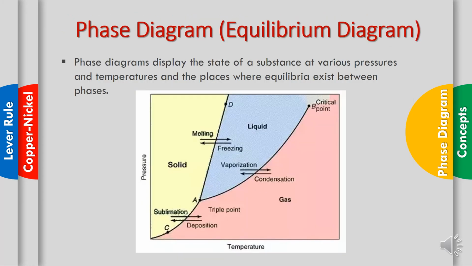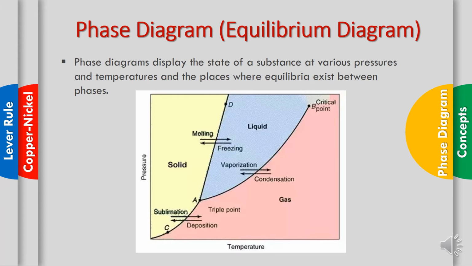So for the phase diagram, we will study the phase diagram in these cases, where the phase diagram displays the state of a substance at various pressure and temperature, and the place where equilibrium exists between phases.